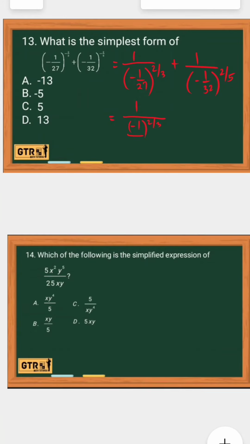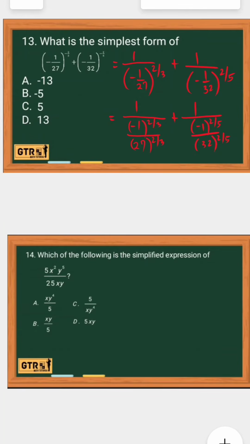And then sa denominator, 27 raised to 2/3 din. Okay, so we have plus, ganun din, 1 over negative 1 raised to 2 over 5 over 32 raised to 2 over 5.